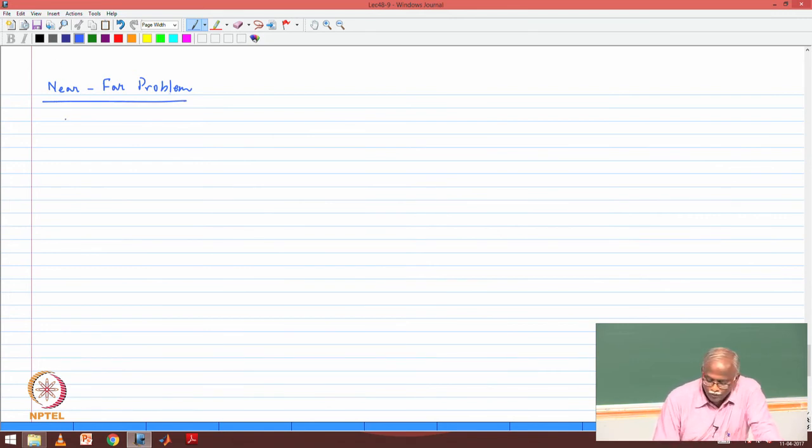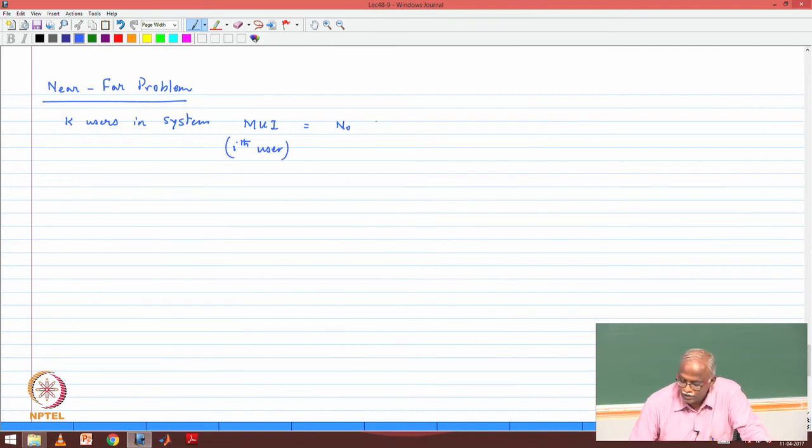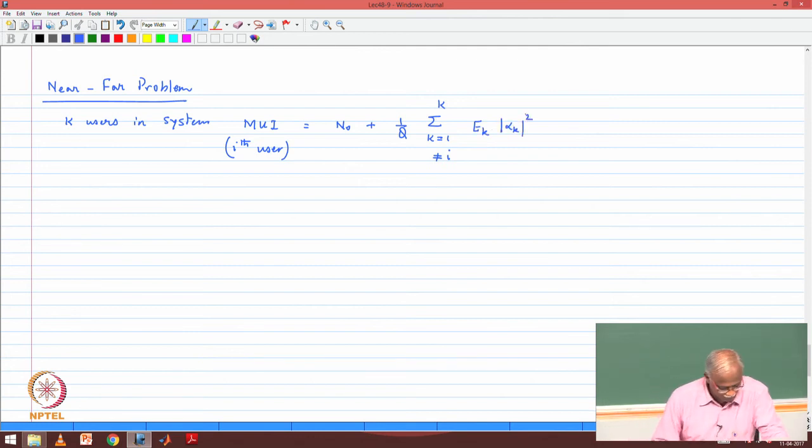So, when there are k users in the system, then we know that the variance of the multi-user interference seen by the ith user is N naught plus 1 over q, summation k equal to 1 through uppercase K, but k is not equal to i, because i is the desired user, everyone other than i, of E_k mod alpha_k whole square.